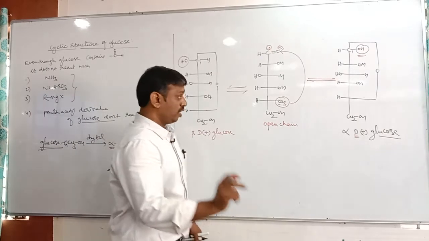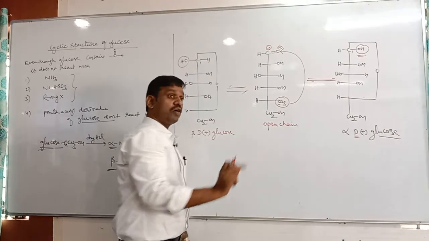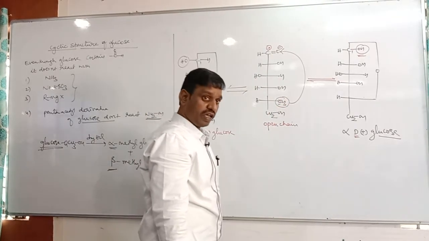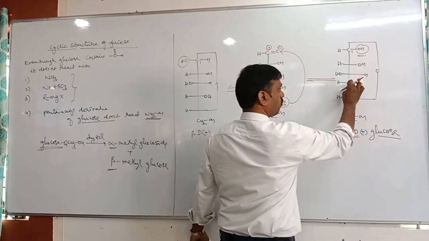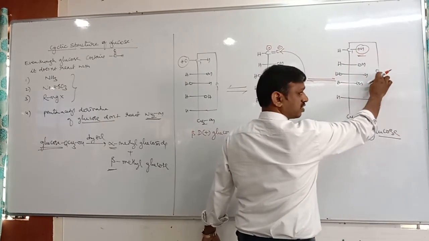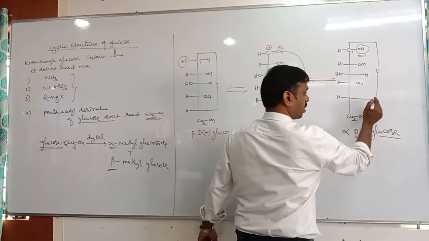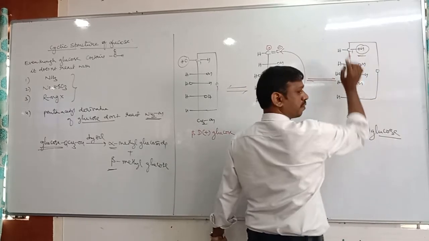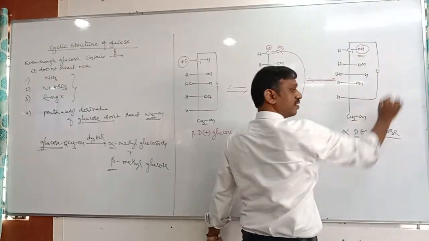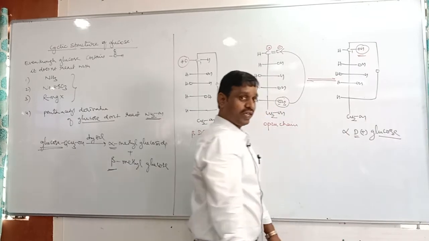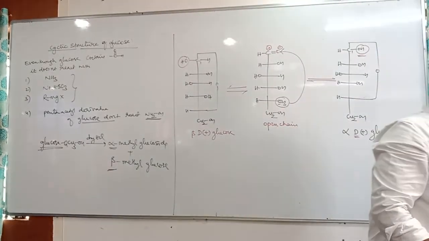So if the aldehyde group interacts with the fifth carbon OH, it forms a 6-membered cyclic ring. You see 1, 2, 3, 4, 5 and 6. This one is not a carbon atom. So now the cyclic ring has how many atoms in total? 6.